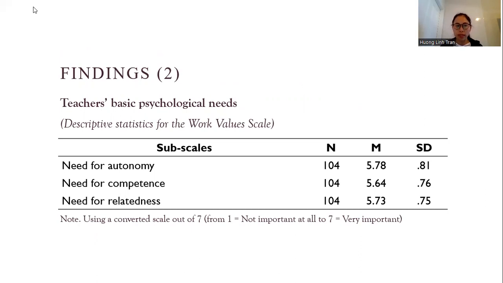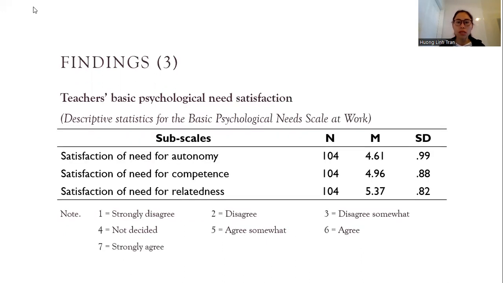The lowest one is the need for competence, with only 5.6 for the mean. In other words, teachers' need for autonomy ranks at the highest level, then the need for relatedness, and finally the need for competence.